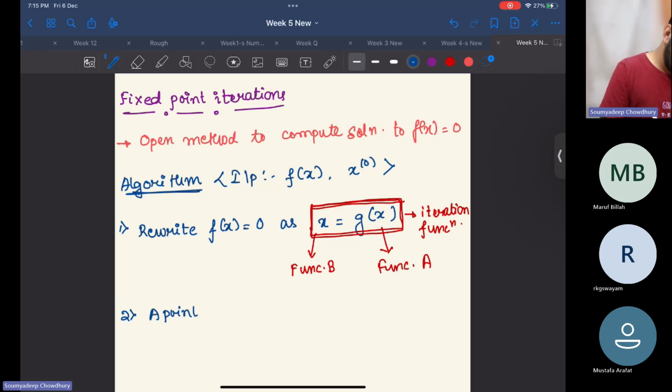A point of intersection of y equals g of x and y equals x.